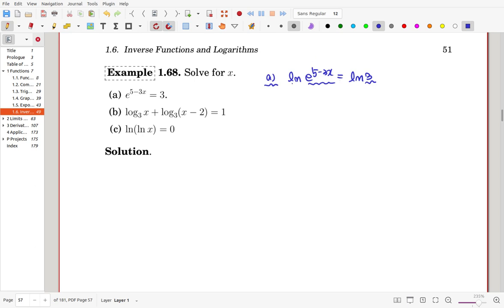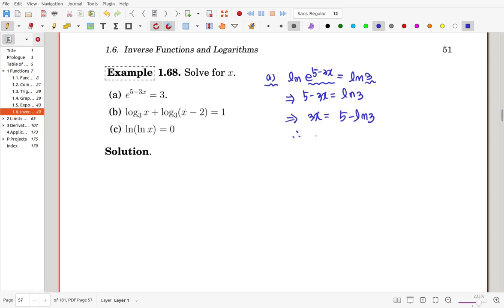Now the natural logarithm and e functions are inverses of each other, so we have 5 minus 3x, which is the same as the natural logarithm of 3. So here we move this one to the other side, so we have 3x equals 5 minus the natural logarithm of 3.